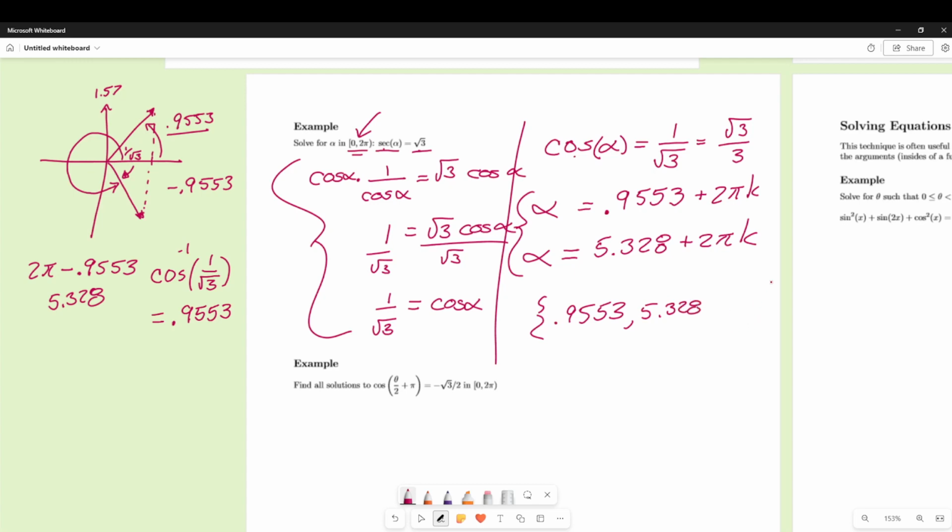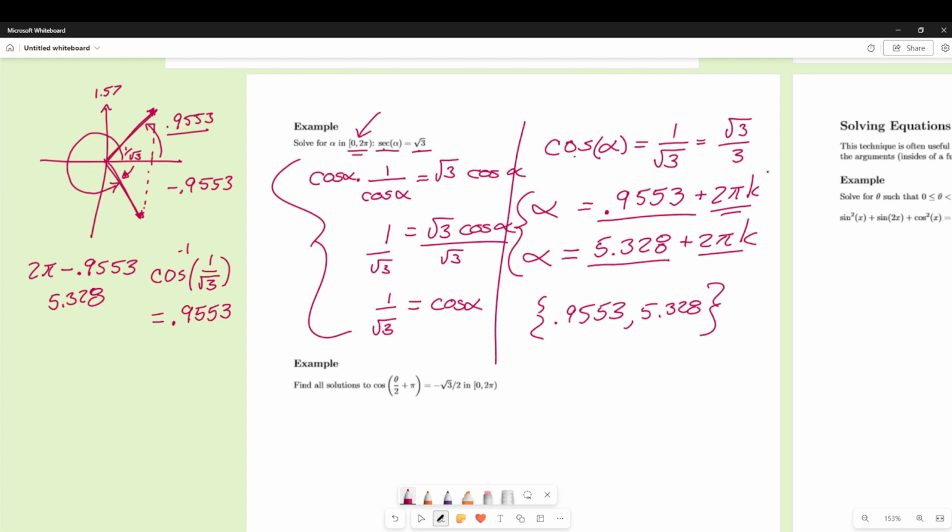And it should be clear that if we take this positive value and add 2 pi, we're going to be past one rotation. And if we take 5 and change and add 2 pi, we're also going to be outside one rotation. Anything coterminal to these is going to be outside of the first rotation, between 0 and 2 pi. So we only get those two solutions.